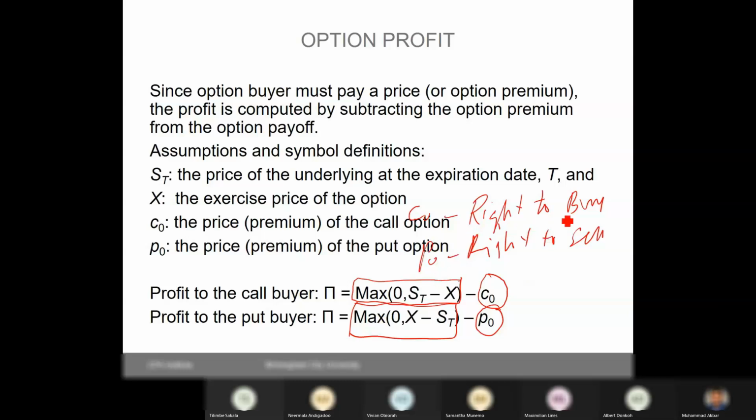So if somebody is selling you the right to buy, that is, a call option, you will have to pay a price for that. Similarly, if somebody is selling you the right to sell, then you are buying a put option and you will have to pay the price of the put. So the profit from buying a call will be equal to the payoff from the call minus the cost of the call. Similarly, the profit from buying a put will be equal to the payoff from the put minus the cost of the put. Any question on this?